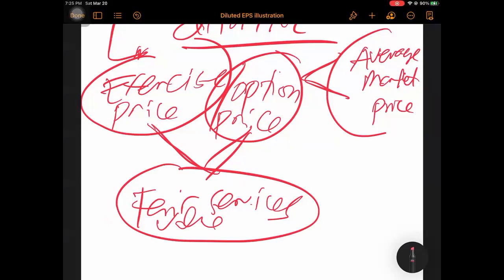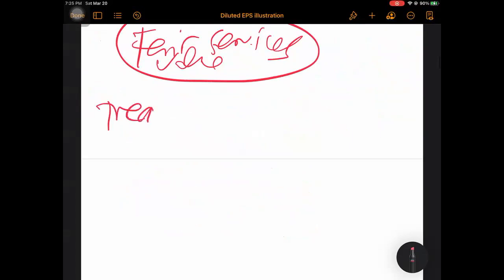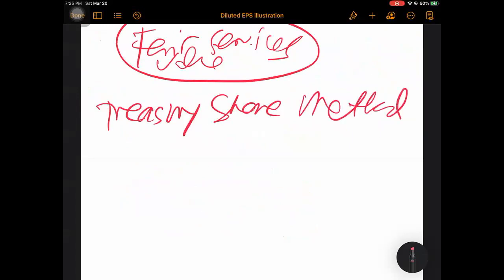Under this type of potential ordinary shares, natay gitawag na treasury share method. So options and warrants are included in the earnings per share computation through the treasury share method. What do we mean by treasury share method? Dili pasabot ani nga nag-acquire ta og treasury shares.